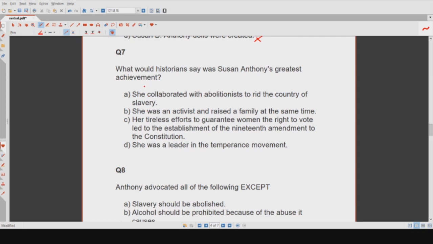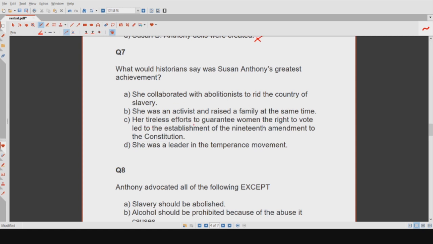Question 7. What would historians say was Susan Anthony's greatest achievement? She collaborated with abolitionists to rid the country of slavery. She was an activist and raised a family at the same time.